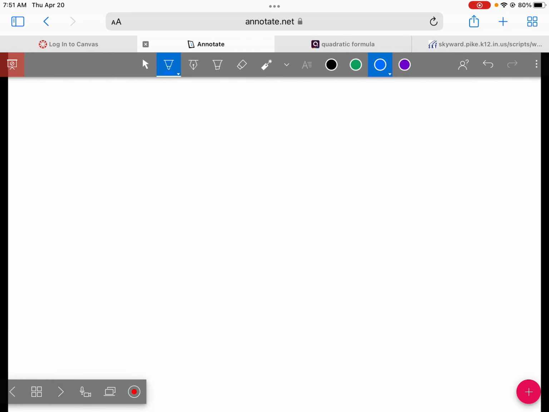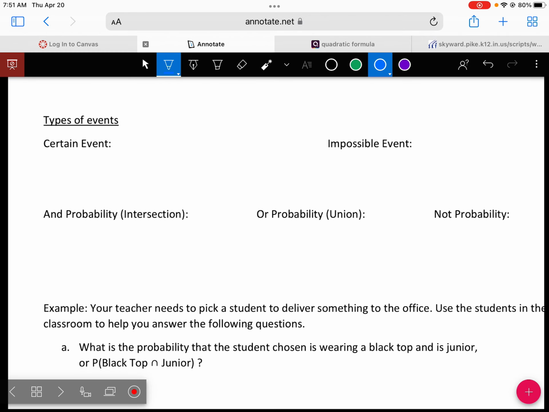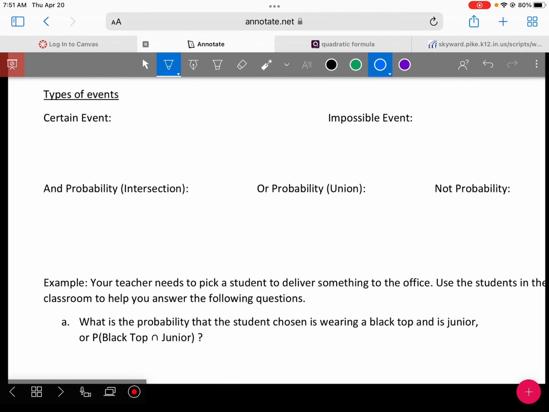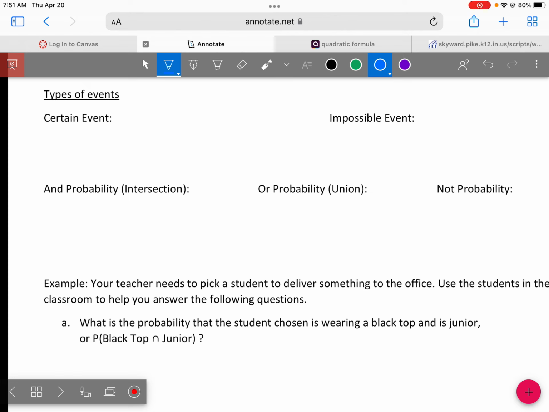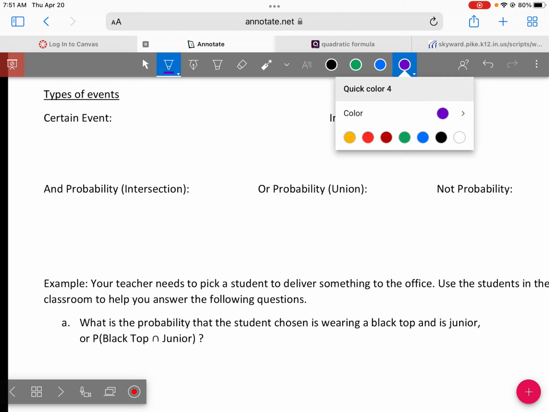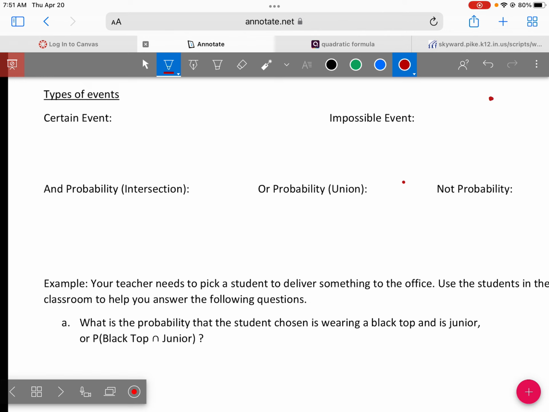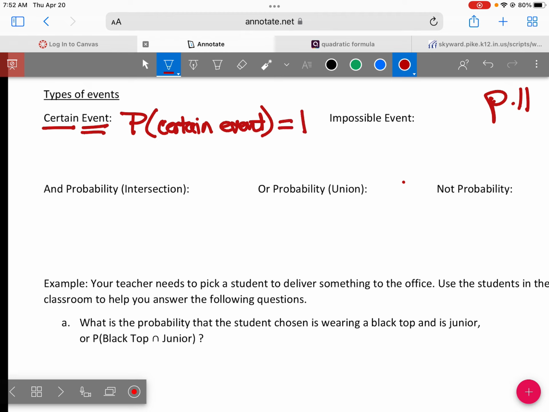Okay, good. All right, so in probability, we have 2 types of events. And this is kind of interesting. This is on page 11. So, the probability, that is capital P, of having a certain event is going to be 1.